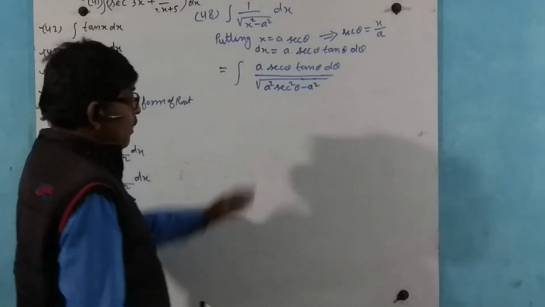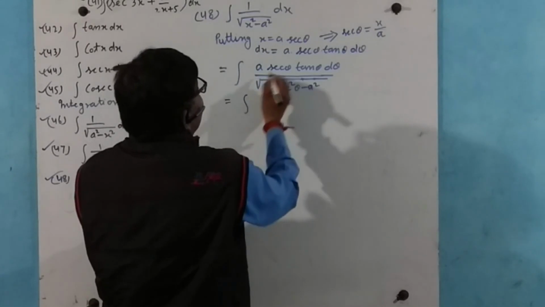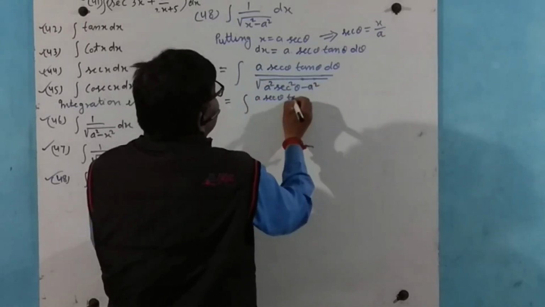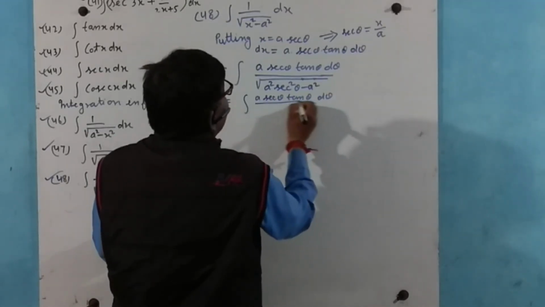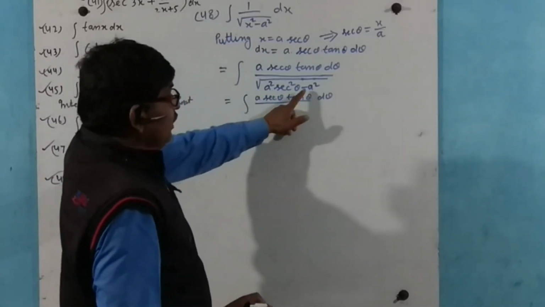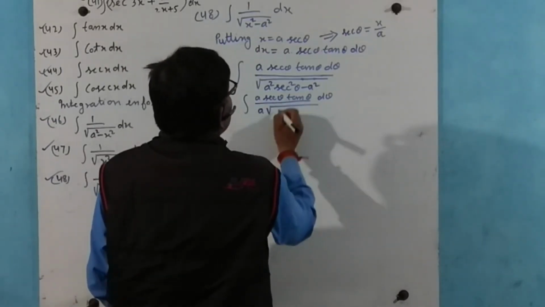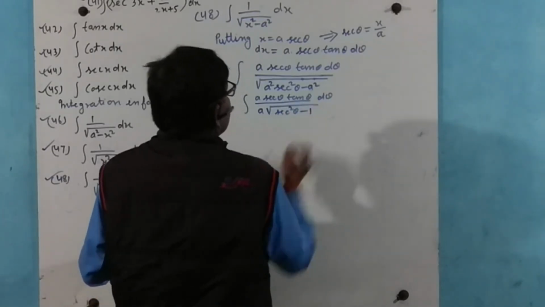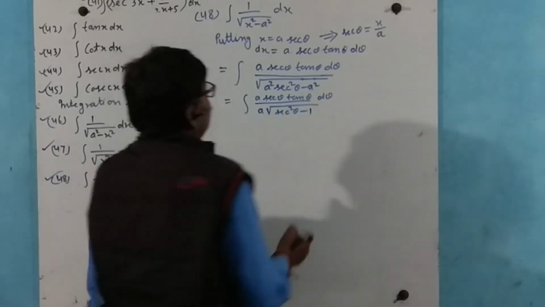We take the common a square, giving simple a and under root sec square theta minus 1, because a square and a square come here.